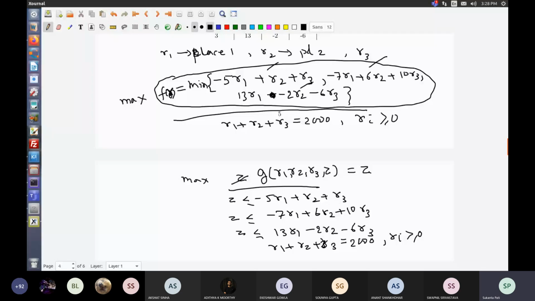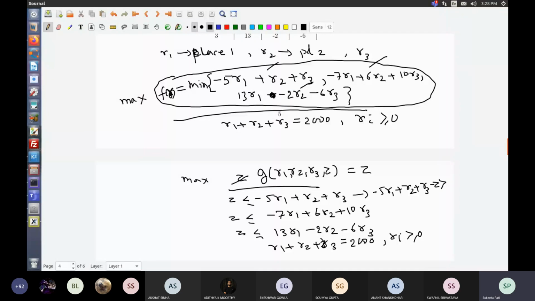And this one you can write as minus 5 R1 plus R2 plus R3 minus z greater than or equal to 0. That will be in that format.